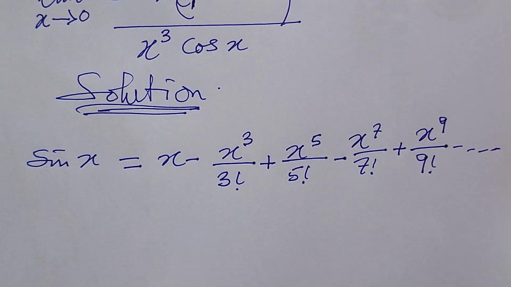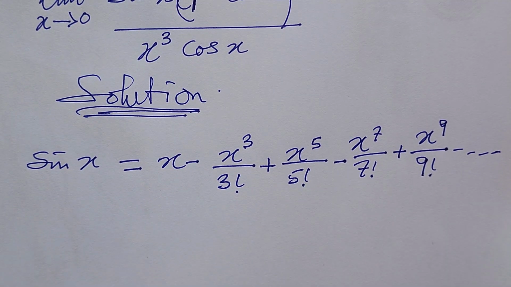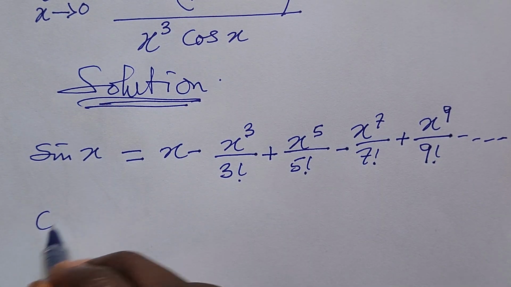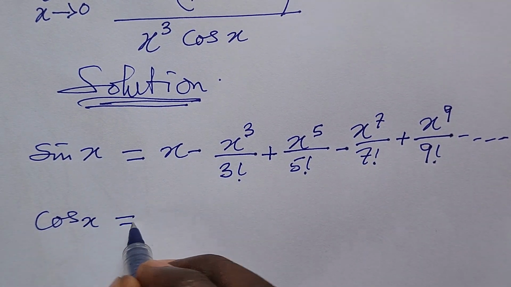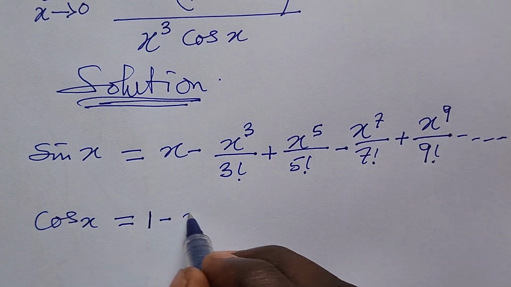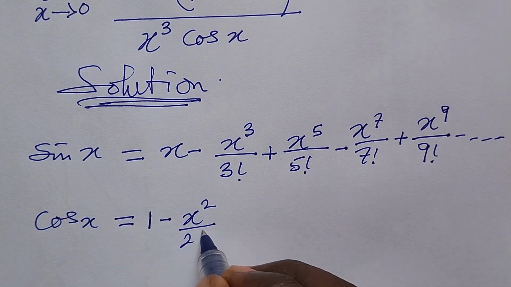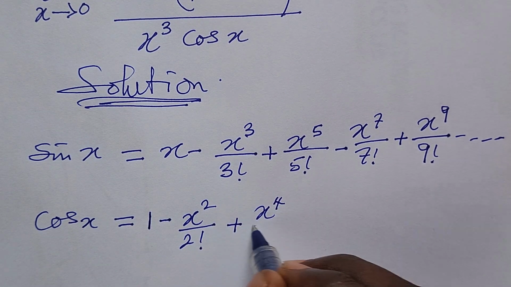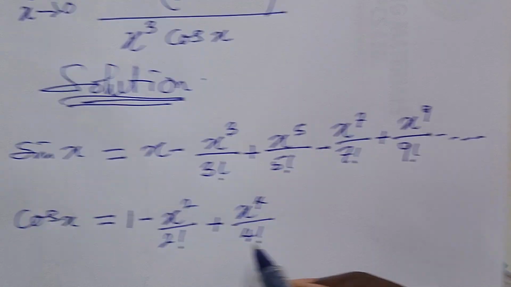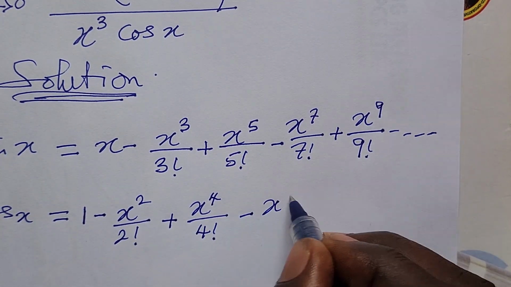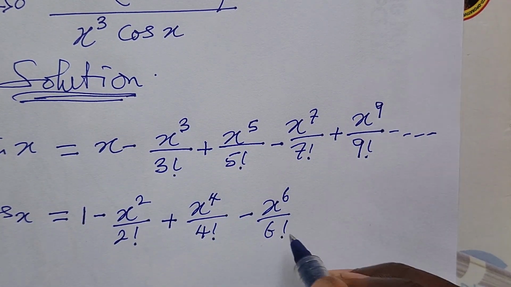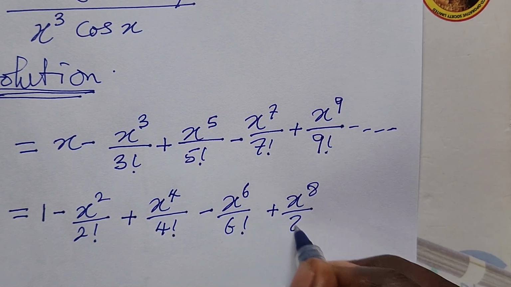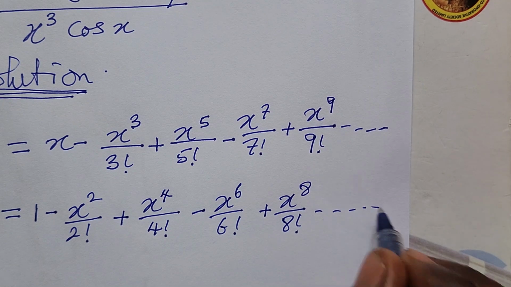Good. So if we have this as the expression for sine x, what about cos x? Cos x is equal to 1 minus x to the power of 2 over 2 factorial, plus x to the power of 4 over 4 factorial, minus x to the power of 6 over 6 factorial, plus x to the power of 8 over 8 factorial, and so on.